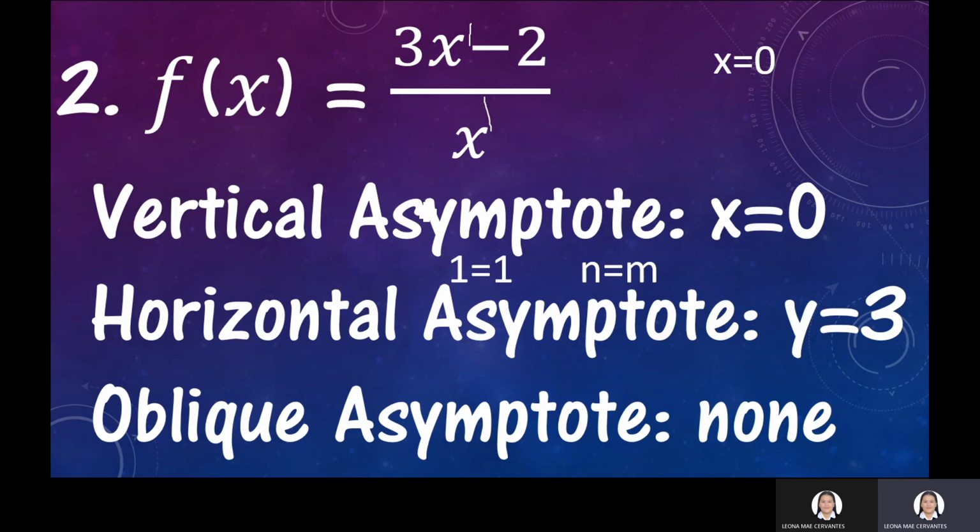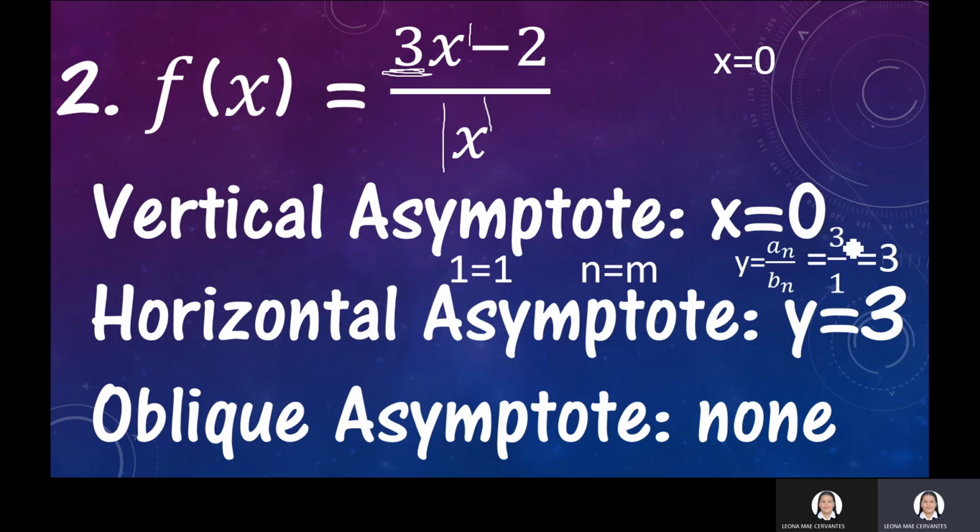Again, sorry. So, if n is equal to m, therefore, y is equal to a sub n over b sub n. Then, coefficient ng numerator is 3. Coefficient ng denominator is 1. Okay?